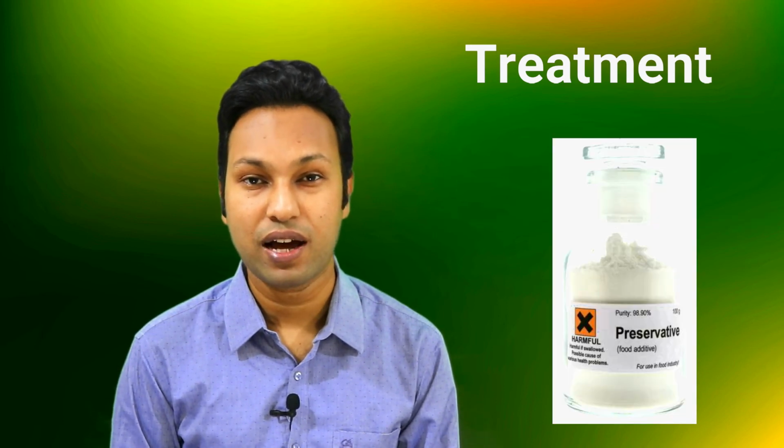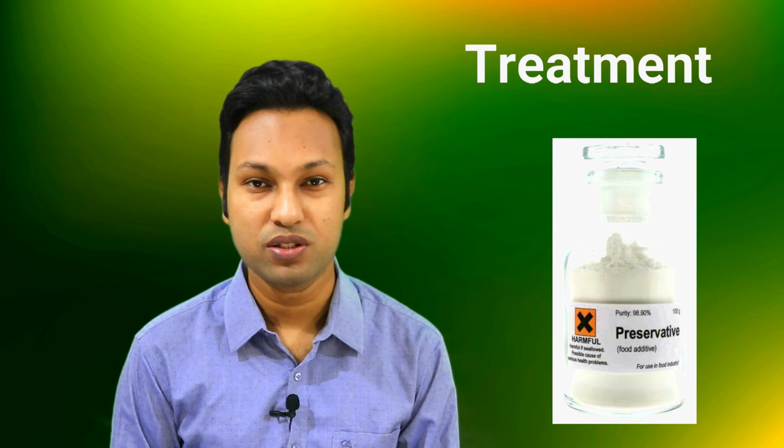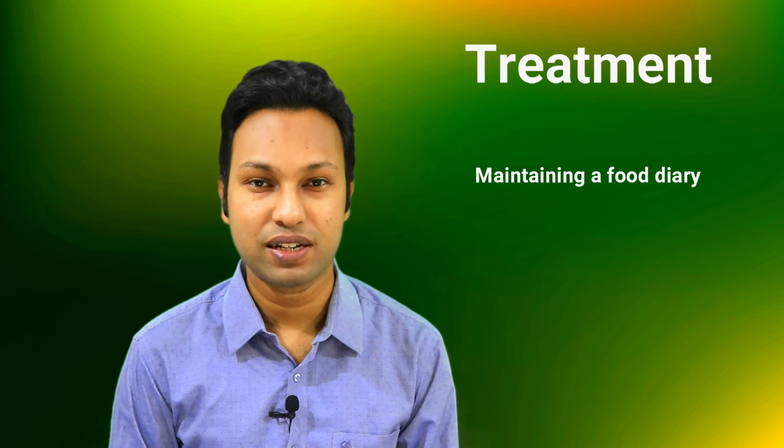Benzoate is a preservative that is used in ice cream topping, sauce, fruit juice, milkshake, commercial pickles. Cinnamon is a spice that is used as a flavoring agent in ice cream, dessert, soups, sauces and flavored rice. Patients are encouraged to maintain a food diary to identify which food is triggering their aphthous ulceration.